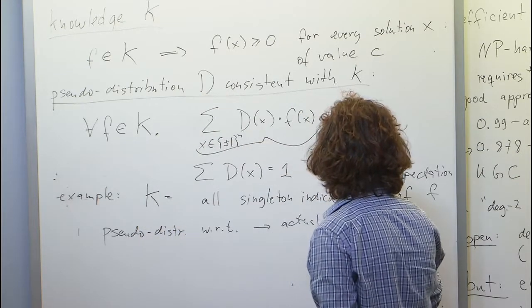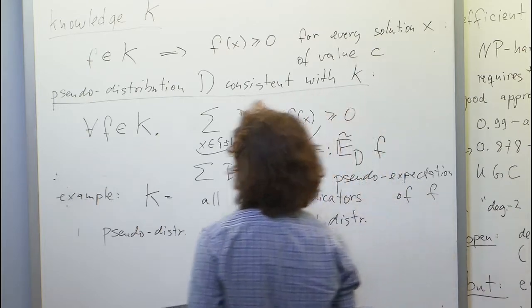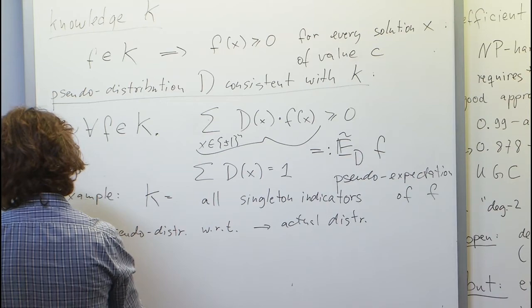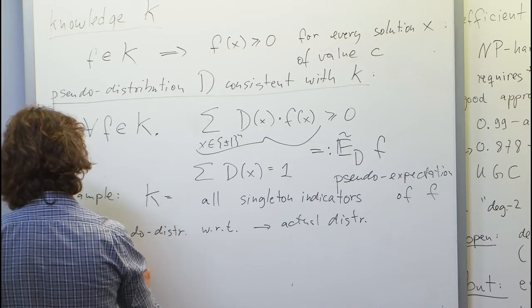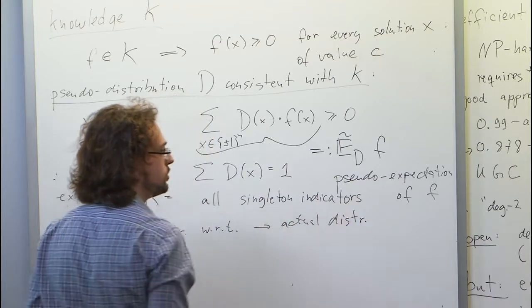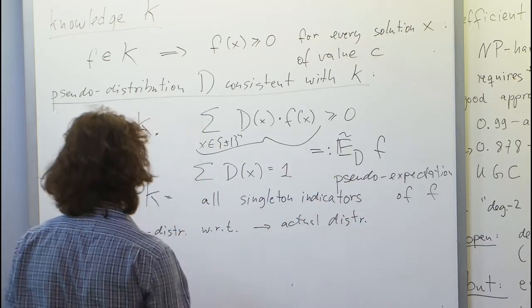That means that we somehow have to restrict the set of functions k, and that's what I meant: we only get a pseudo distribution that is consistent with respect to our computational knowledge.